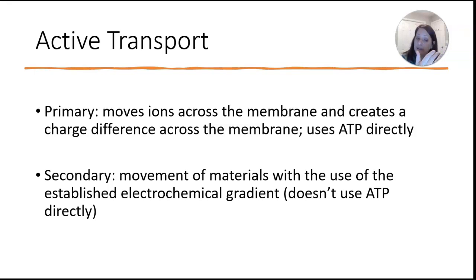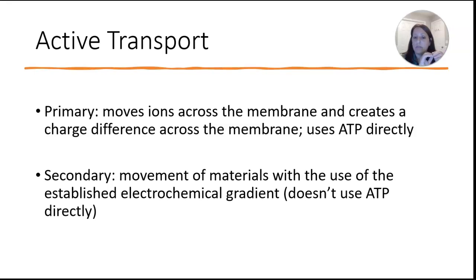There is another type of active transport that results from the electrochemical gradient established by primary transport, and that's called secondary active transport. And again, I'm going to show you two examples of this. So in secondary active transport, we're still moving materials against their concentration gradient, but instead of using ATP directly, we use the electrochemical gradient that was established by primary transport.